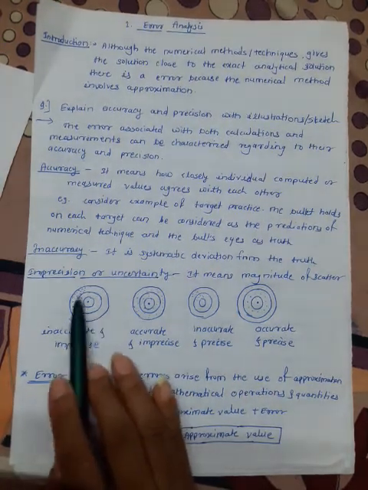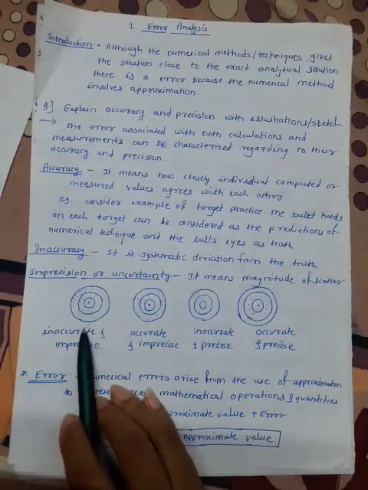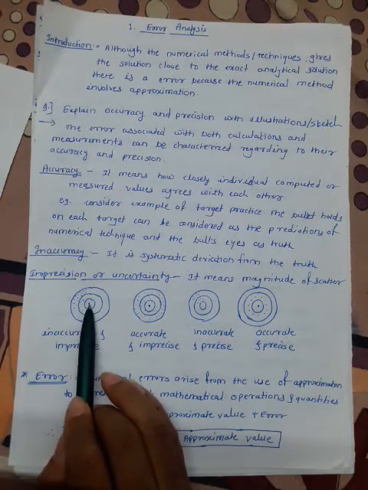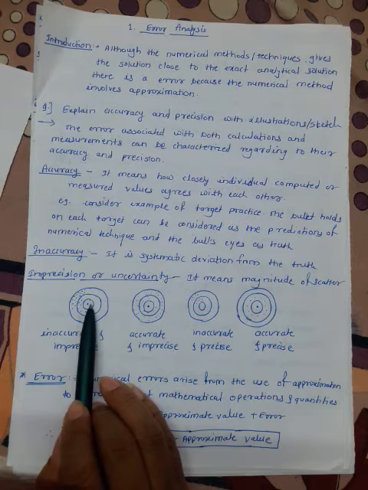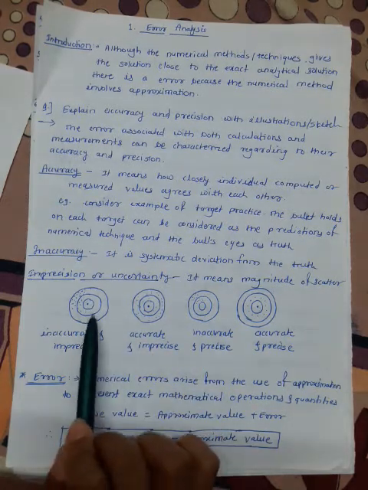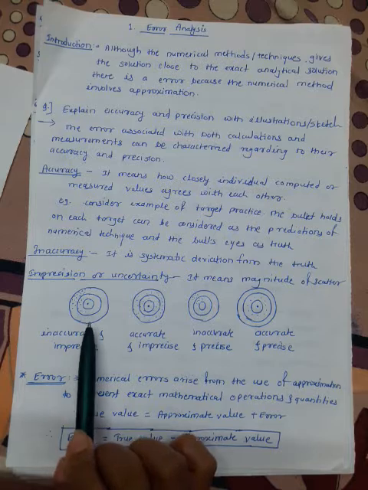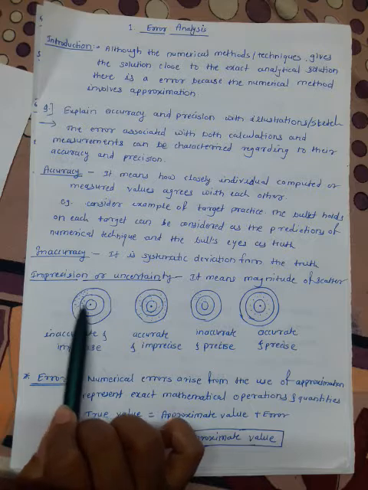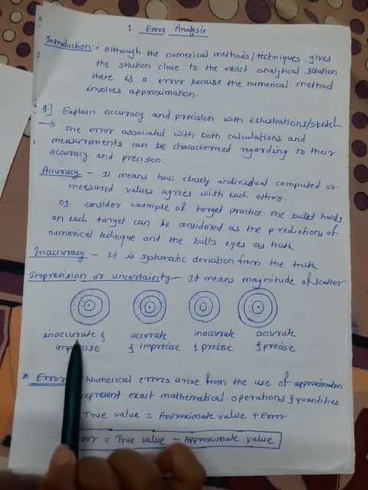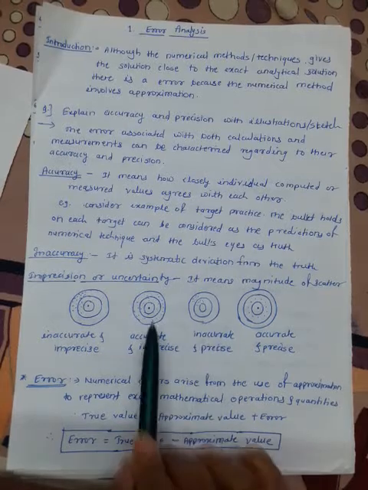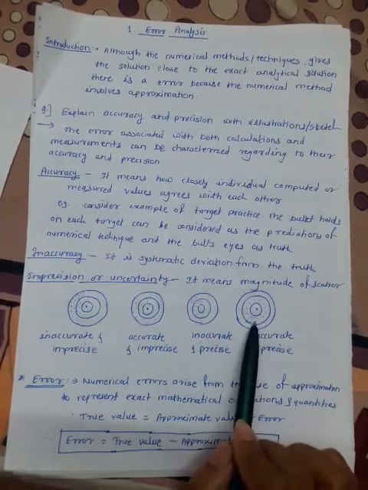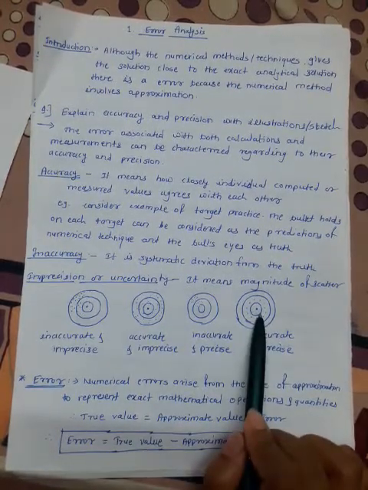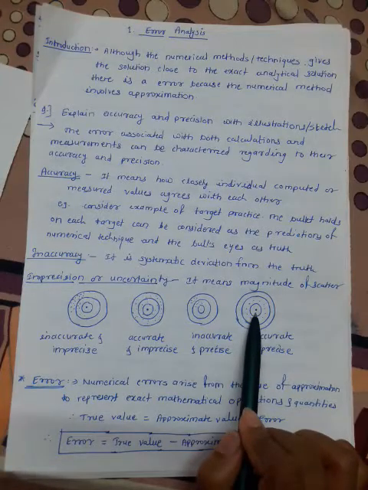Now in this first target diagram, the middle one is our bullseye, and the bullseye is our target. In this particular target, the points are scattered away from the target. That's why these are inaccurate. This is also inaccurate. But in these two targets, the points are scattered equally around the target, meaning they are close to the bullseye.